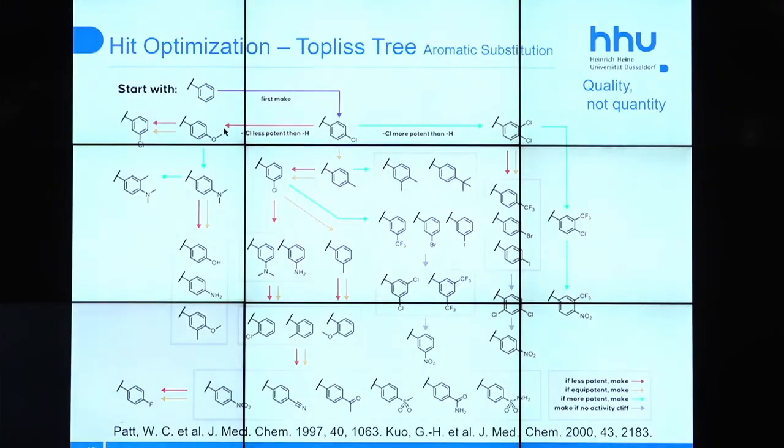So these are some kinds to look if it's electron releasing, electron withdrawing, if it has some lipophilic or hydrophilic interaction, just to see in which way some substance can vary, can optimize the different structure. The most important thing here is that you make the variation and directly have the possibility to test these compounds. So before the next round, you have the test results, and then you go into the next round for optimization.